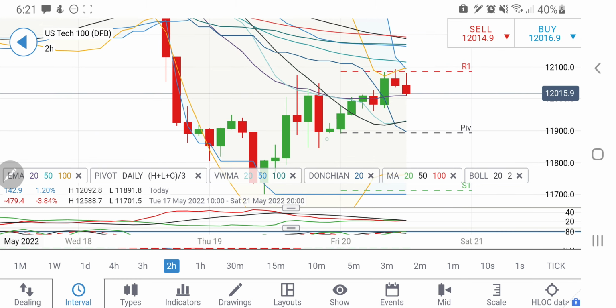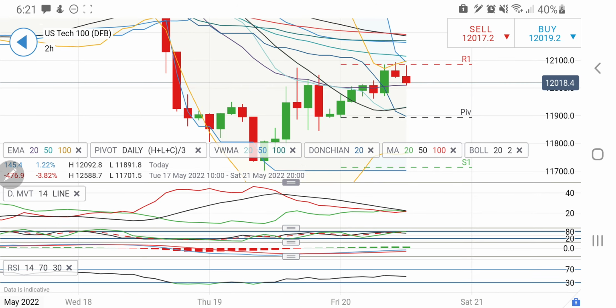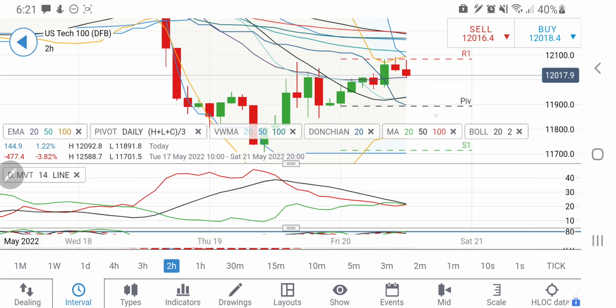Look at this, what it is trying to do. It is trying to create this channel probably, and any bounce back from here will again try to take it towards 12,150 levels. The next target is going to be somewhere here around 12,140, 150, which is going to act as a stronger resistance for US100. And on the downside, 11,900 is definitely going to provide a stronger support there.